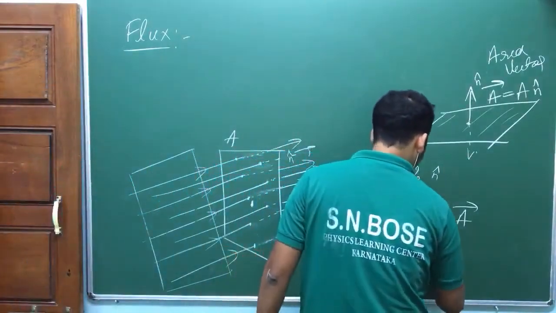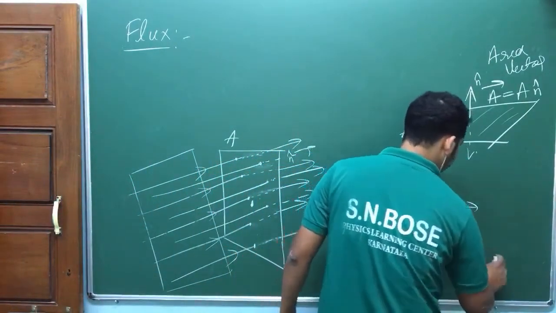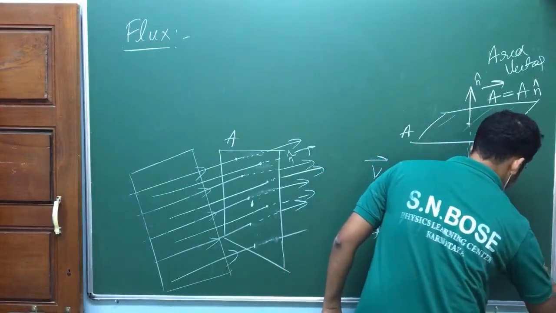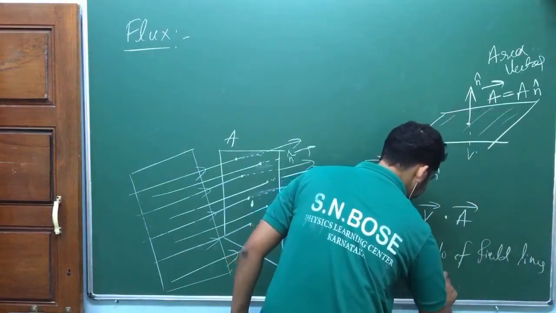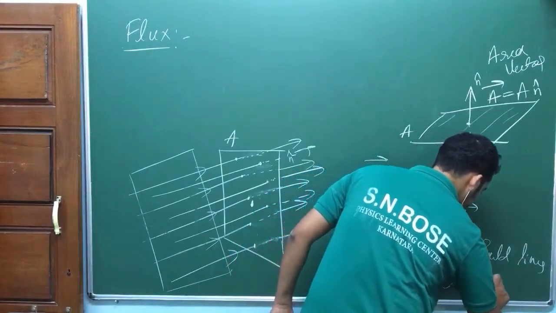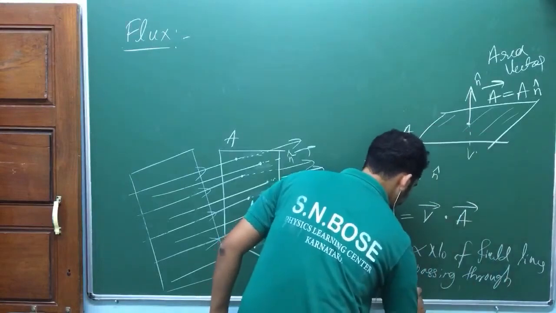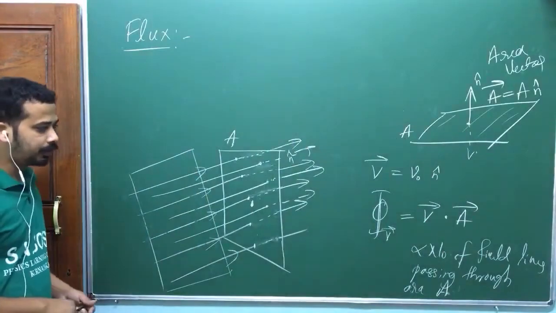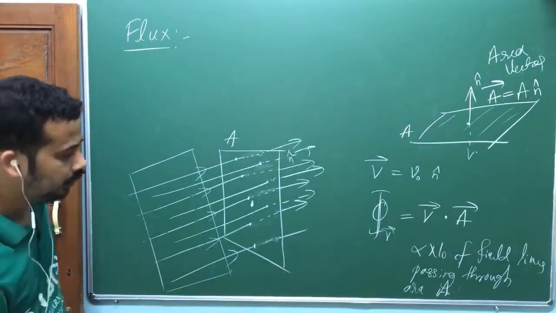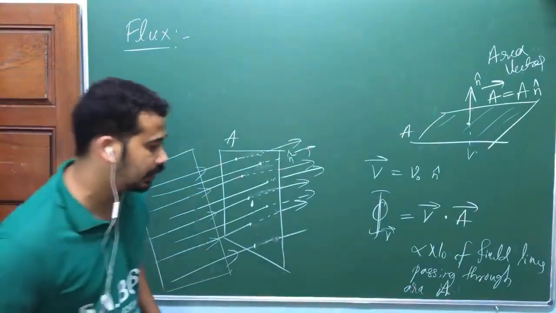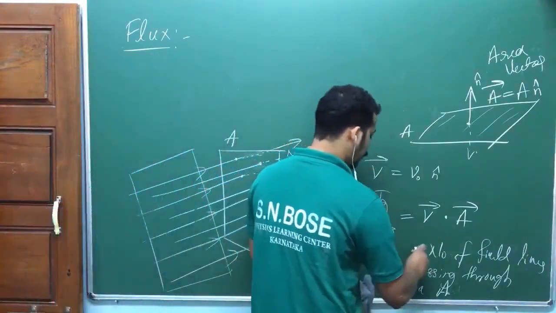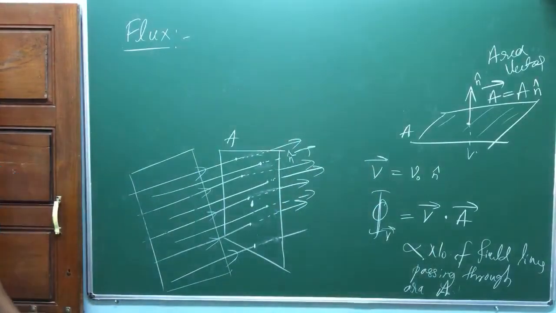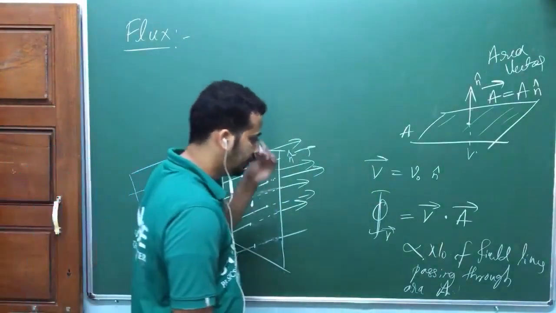This is proportional to the number of vector field lines passing through area A. Why do we have to write proportionality? Because we can't write equality. That all depends, am I right? I may draw 10 field lines, you may draw 20 field lines. That's the representative lines.